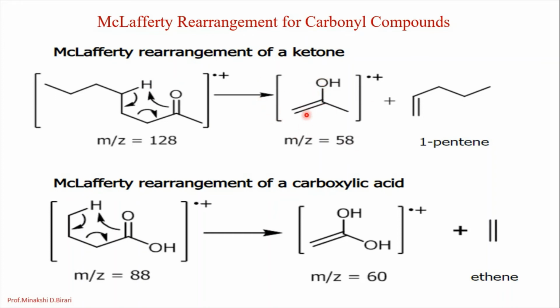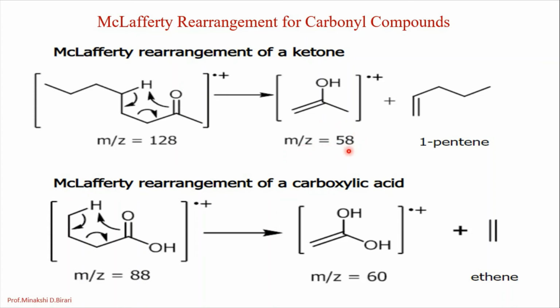Further formation of a radical enol cation shows the peak at mass to charge ratio 58, and the neutral alkene can be eliminated. So 1-pentene is eliminated as a neutral molecule, and the peak is observed only due to the presence of the radical enol cation at mass to charge ratio 58.